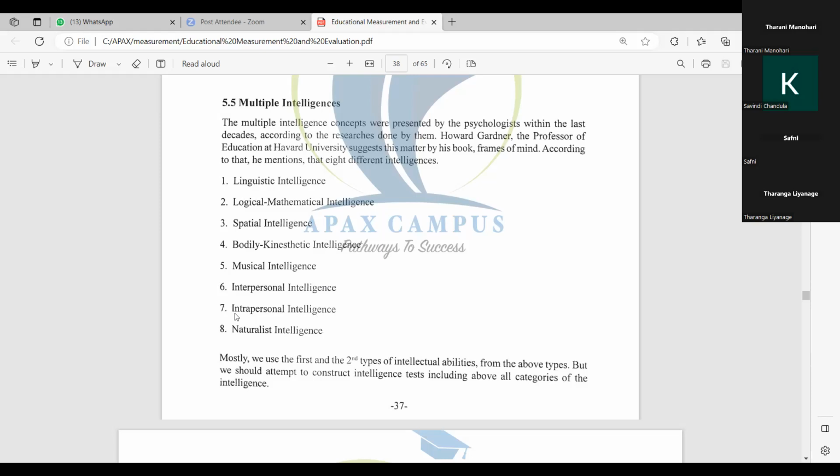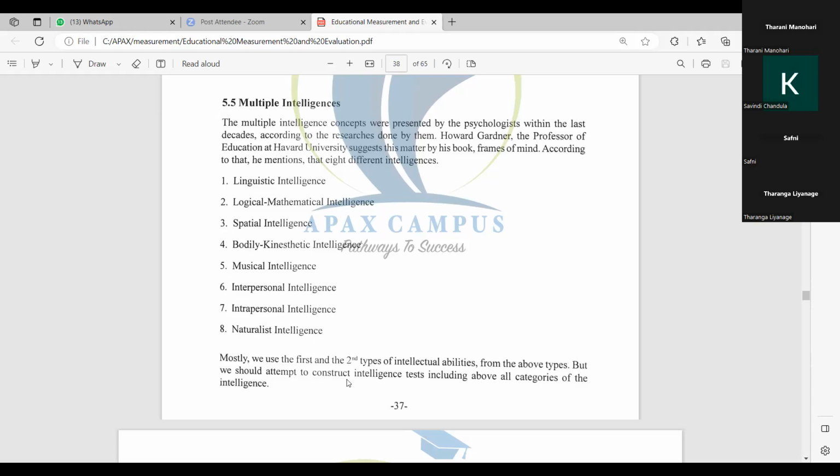So Howard Gardner said only 7 things, right? Later, other researchers added some others. One example is naturalist intelligence. There are 1 or 2 others, right?